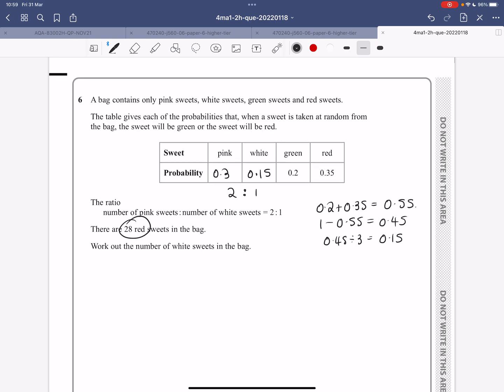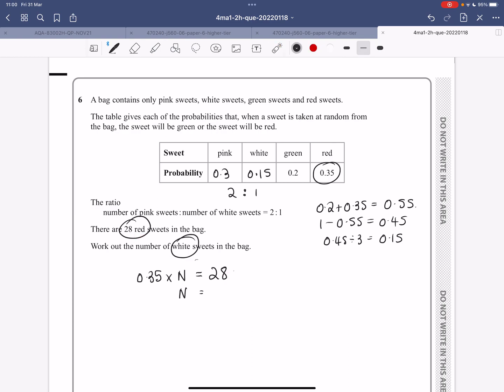There are 28 red sweets in the bag. Work out the number of white sweets. So 0.35 times the number of sweets in the bag makes 28. Okay, because 0.35 is the proportion of red, and when you apply that proportion to the total number in the bag, it works out as 28.